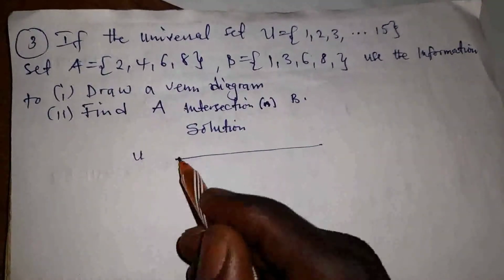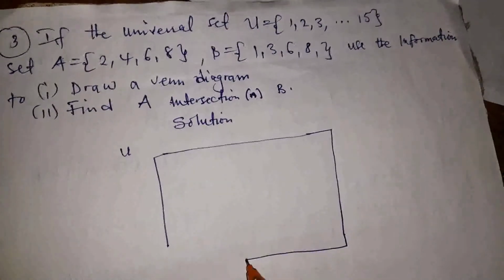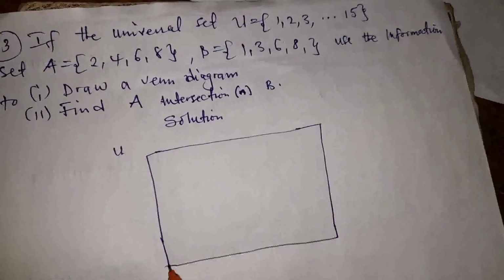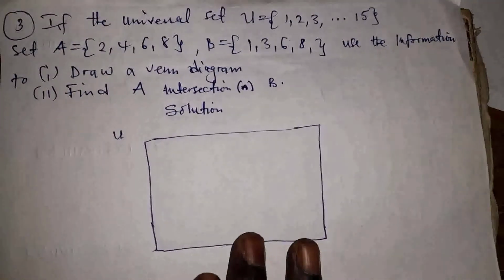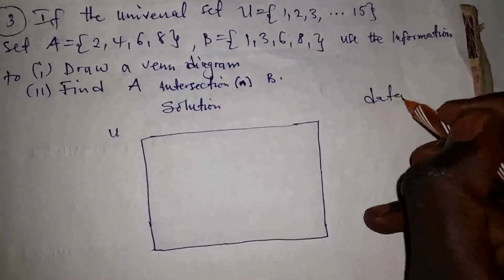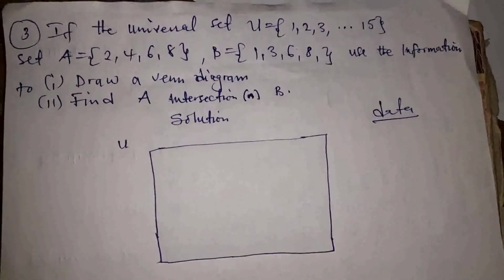Now let's solve it. Set U is going to be, let's draw that. Good. So this is going to be our set U. Oh, I even forgot to list the data. Though it is not compulsory, it helps and guides you on what you are doing.